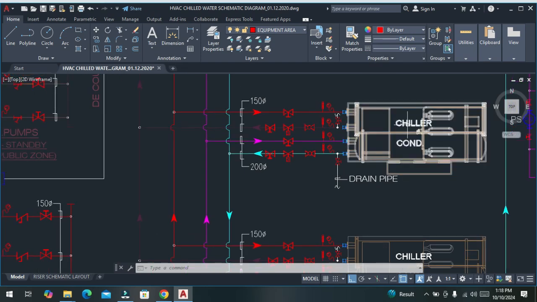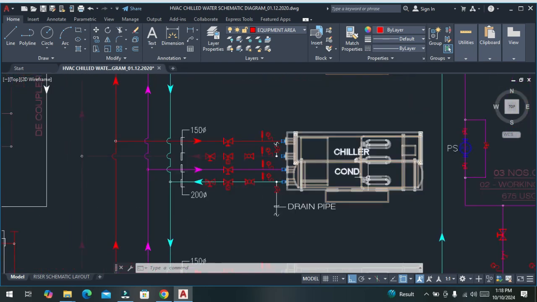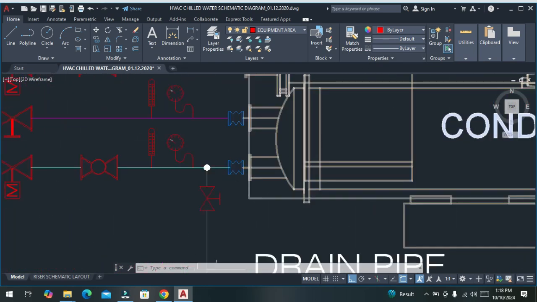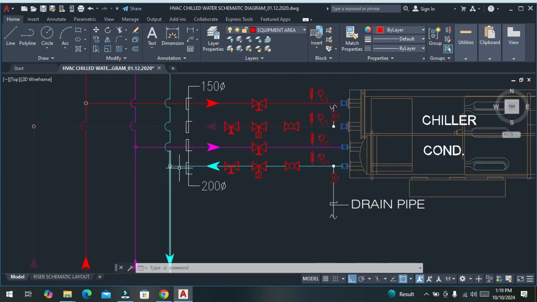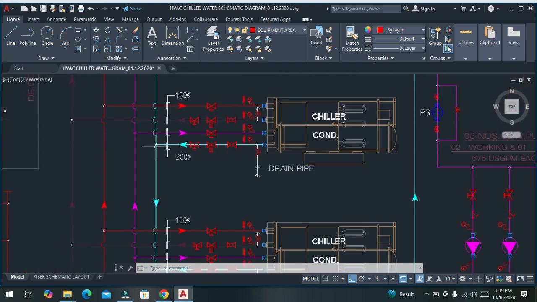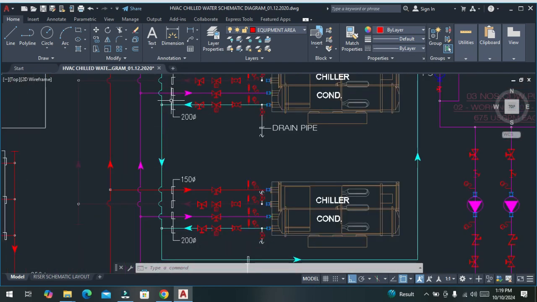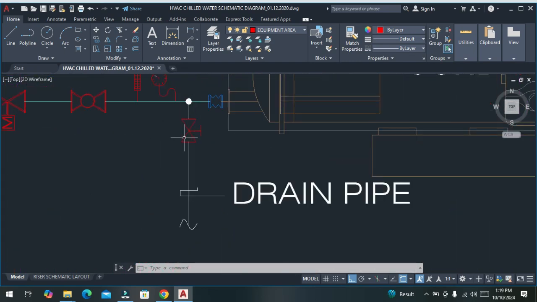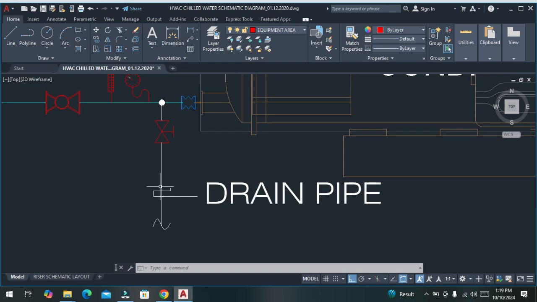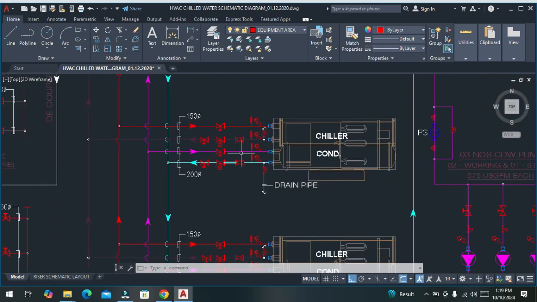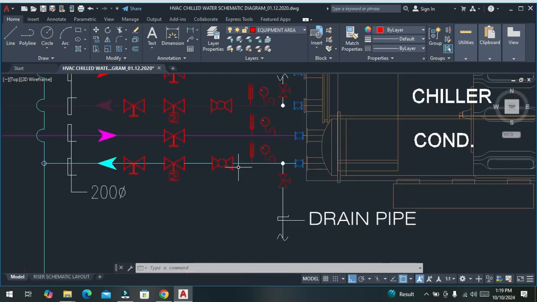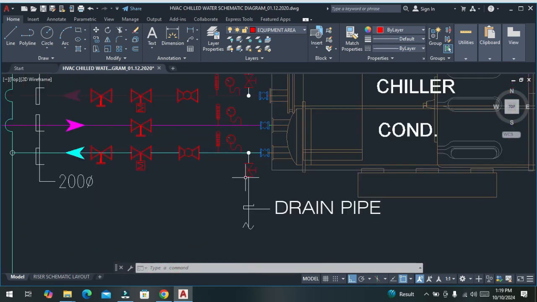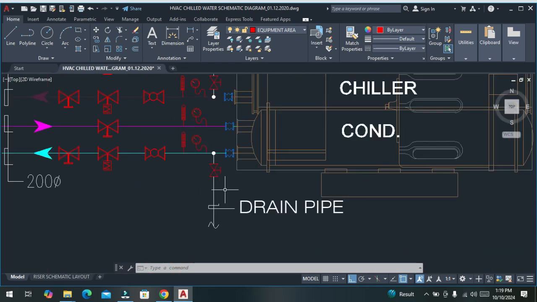If you look into this chiller, the outlet of this condenser, the leaving pipe, goes through here. The same valves are here, everything is the same. We have one valve to drain the line, so here we have a provision: if we want to drain the pipeline, we can drain it through this valve.